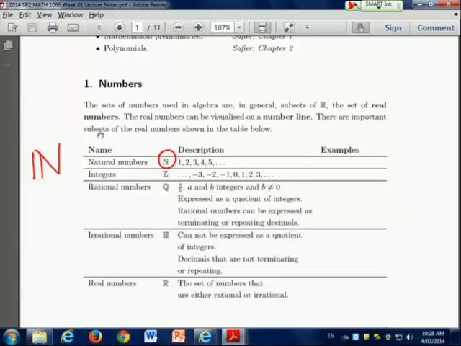So from there we go on to what are called the integers, or you might have also heard them referred to as whole numbers. So integer is just a Latin word that means whole number, and they're a bit more exciting because they encompass the negative numbers as well, along with our special number 0.